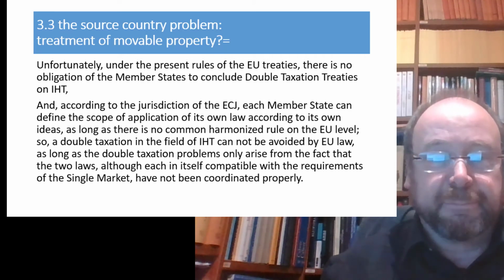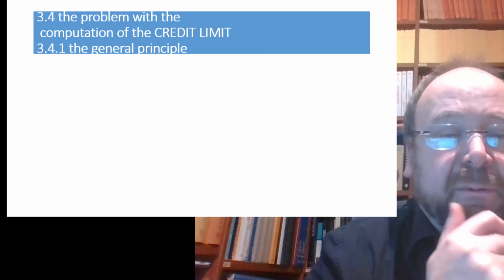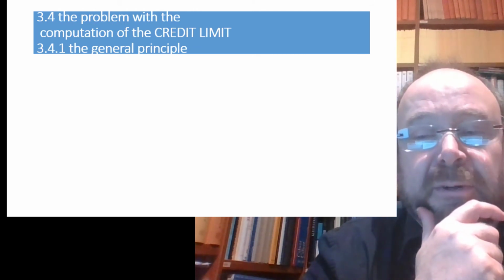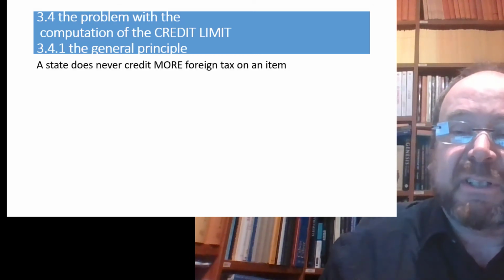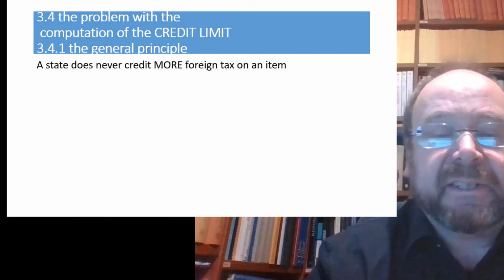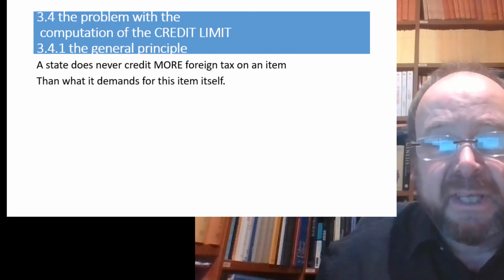Well, we have a third problem left over. That was the credit limit problem. The basic idea was that a state never credits more foreign tax on an item than it claims itself for this item.